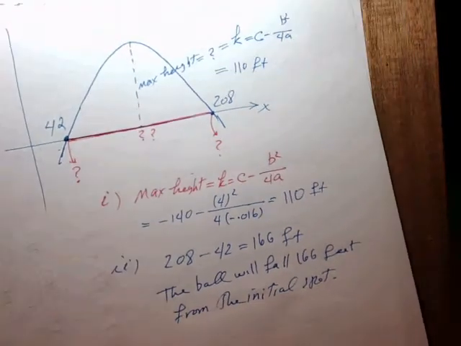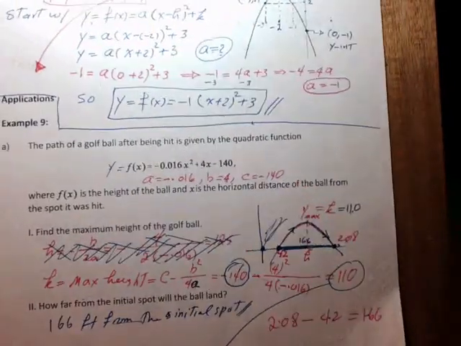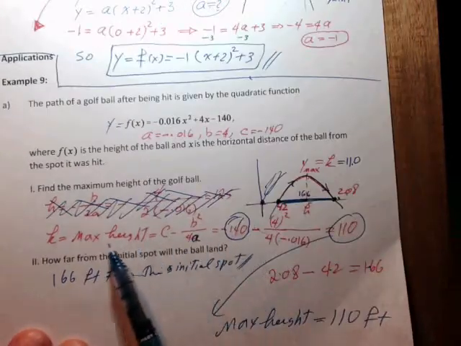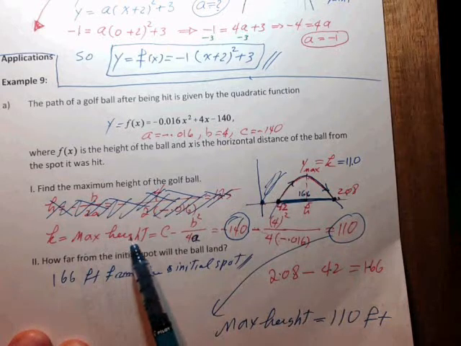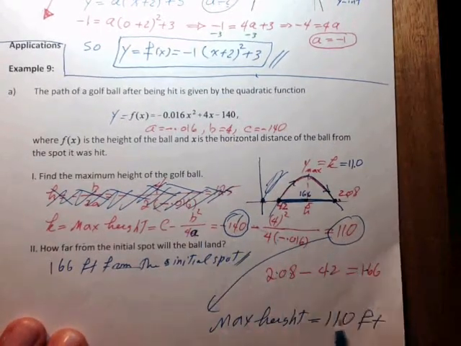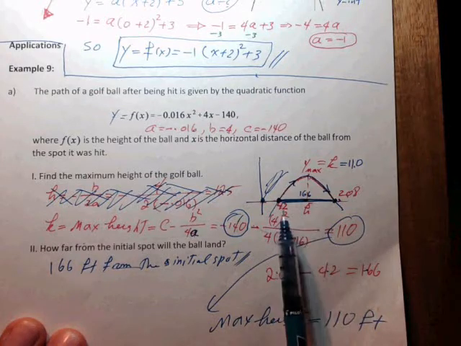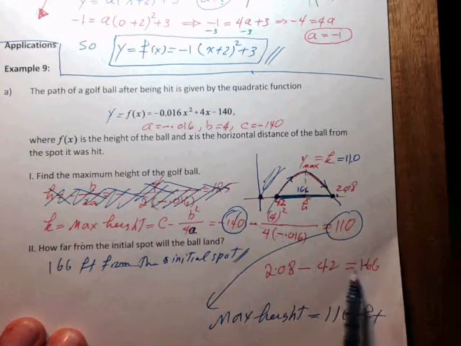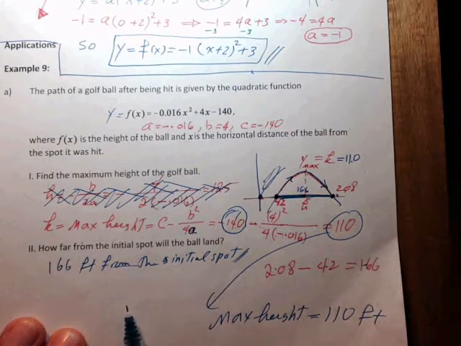And on your paper, you see, this is what I had. This is the graph, and the maximum height, k is the maximum height, 110 feet. And then I found this point to be 42, this one 208. Subtracted, 166 feet. Okay.